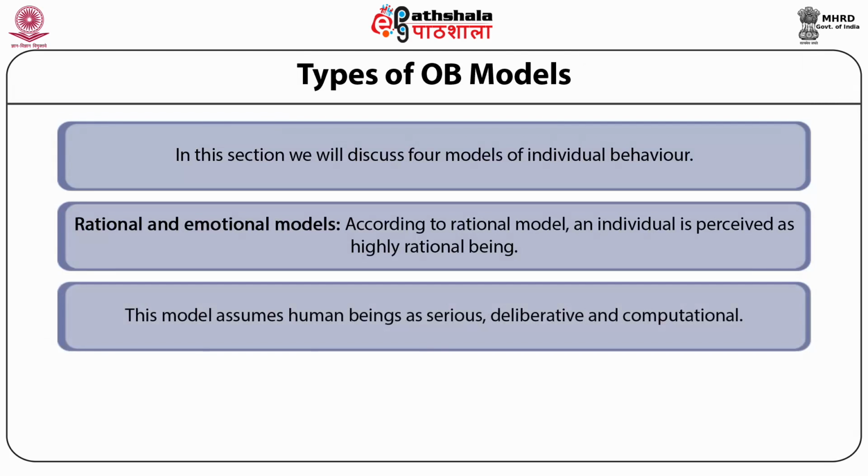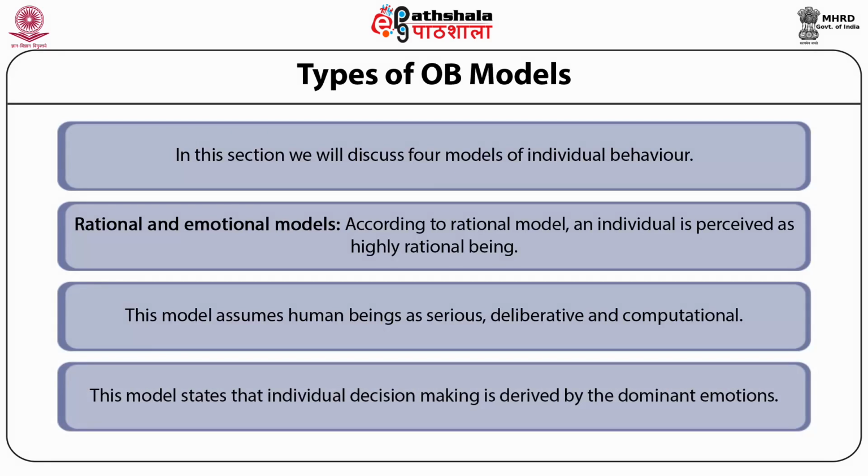Thus, this model assumes human beings serious, deliberative, and computational. In contrast to this, emotional model assumes human beings to be more emotional, who are guided by their emotions. This model states that individual decision making is derived by the dominant emotions.